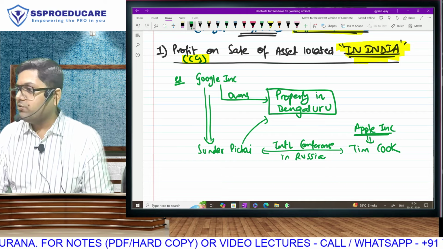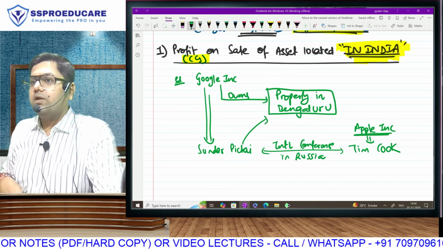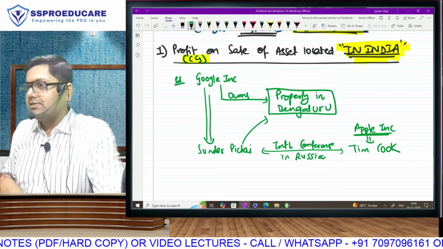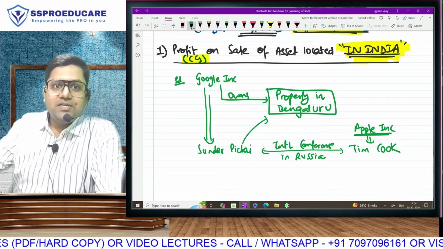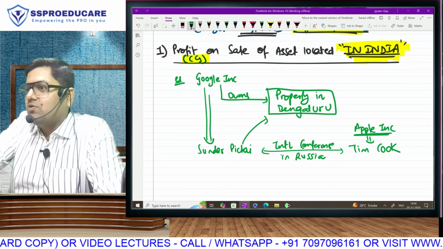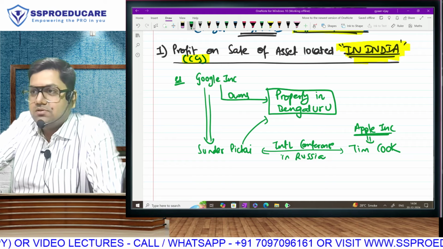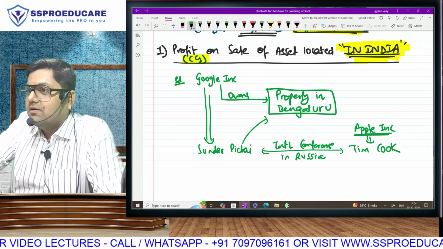Tim Cook came to Mumbai to inaugurate the first store, and the same evening he went to Delhi to inaugurate the second store of Apple in India. Same day. We say that the economy is not in good condition, etc. And there was a long queue outside that Apple store to buy iPhones. Are you aware of that?